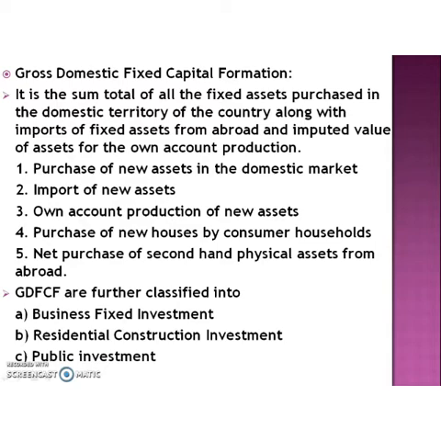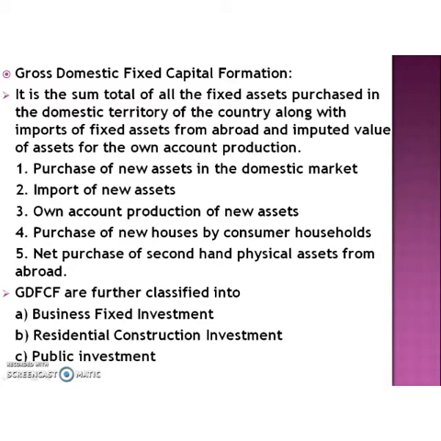Okay, then gross domestic fixed capital formation is further classified into, first one, business fixed investment, that is BFI. It deals with the fixed investment expenditure made by firms on factories, buildings and premises. That is the construction of factories or firms, etc. That is business fixed investment.